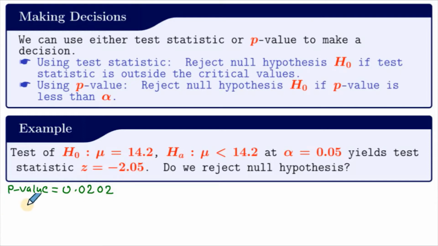So this is our p-value, and our alpha is 0.05. Since the p-value is less than alpha, we reject our null hypothesis. Therefore, reject null hypothesis.